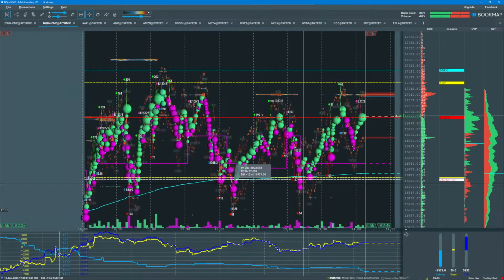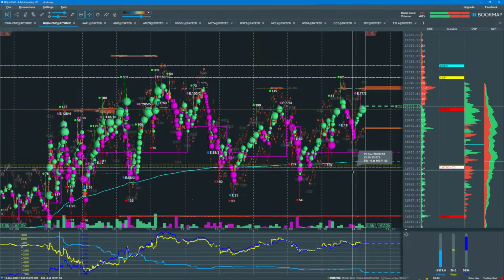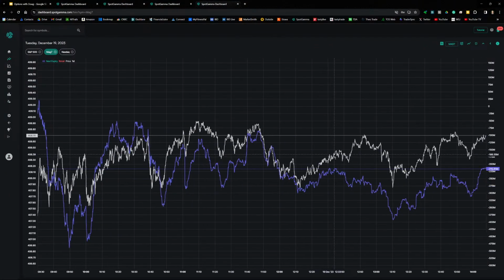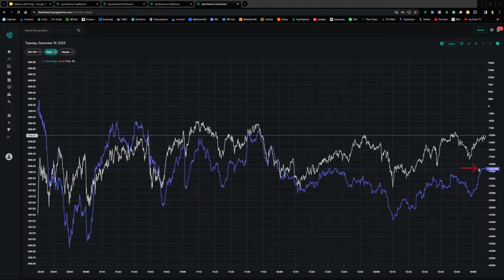So there's the long setup from this morning. Let's go back to Hero. So overall for today, though, the signal for the Magnificent Seven is negative notional value.